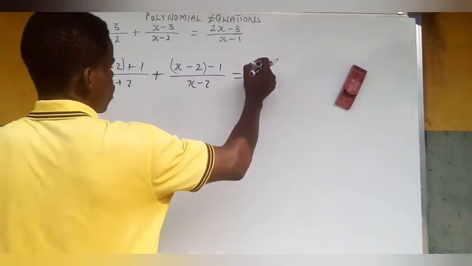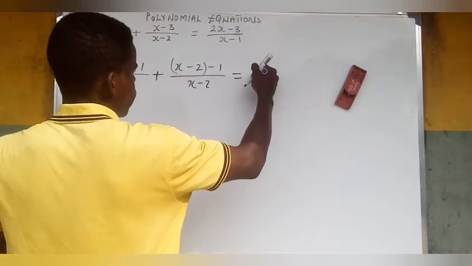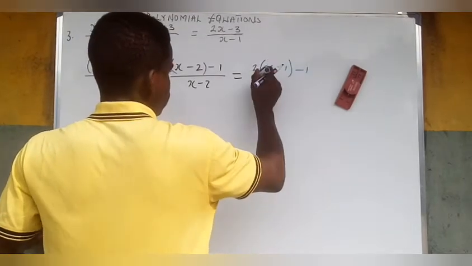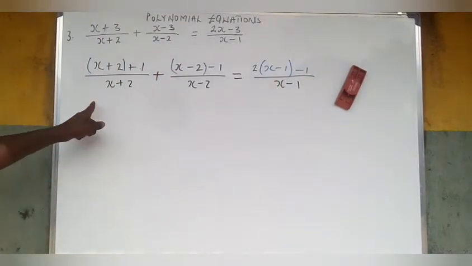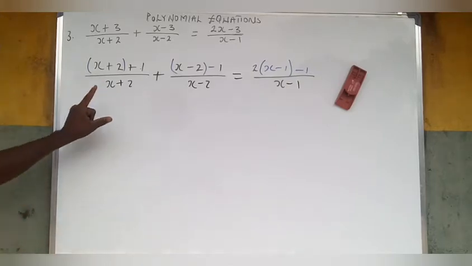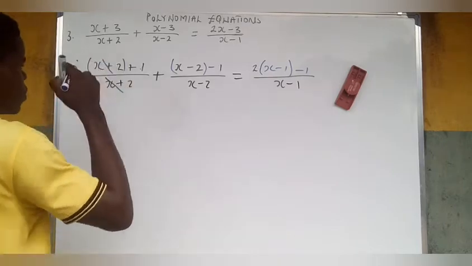So we have here 2 bracket x minus 1 over x minus 1. All right. Now in the next step, let's split the fractions like I said. So let's cancel. This can cancel this.